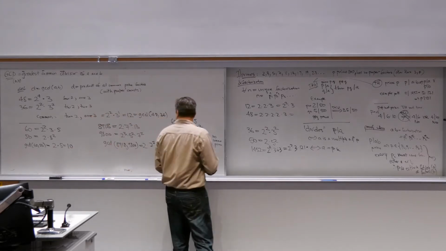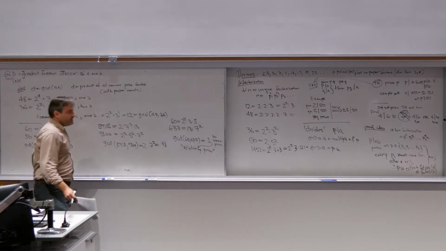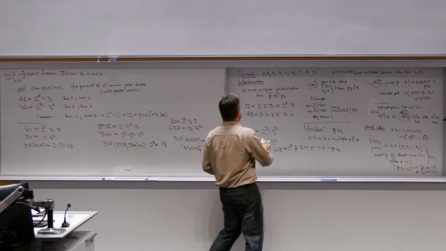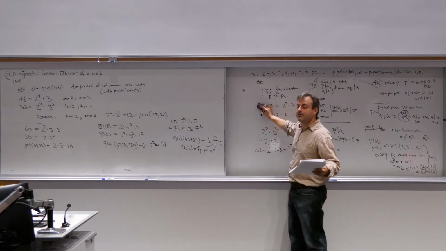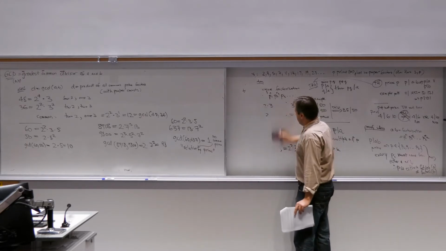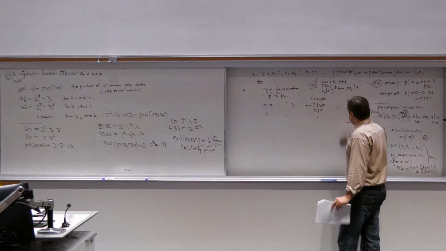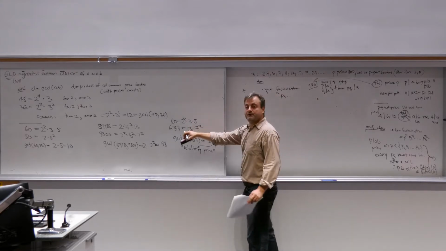So we have an algorithm for finding the GCD. Anybody knows it or heard of it? How do I find the GCD of two numbers in general? I could do this, but this is not practical if I don't know how to factorize the numbers, right? This is extremely fast if I know the factors.